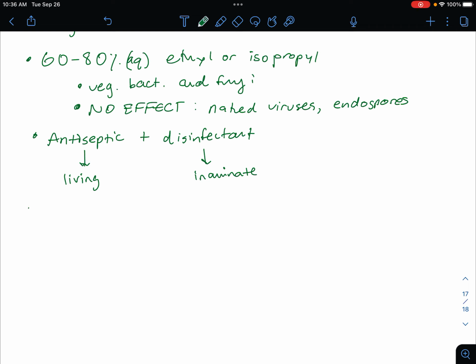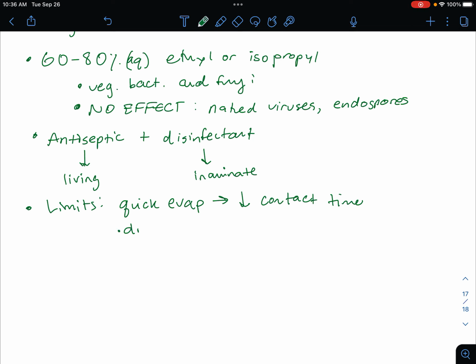Okay, so limitations include a quick evaporation, and this is going to decrease the contact time. It won't be able to reach everything because of how quick alcohol is, it evaporates or dissipates.